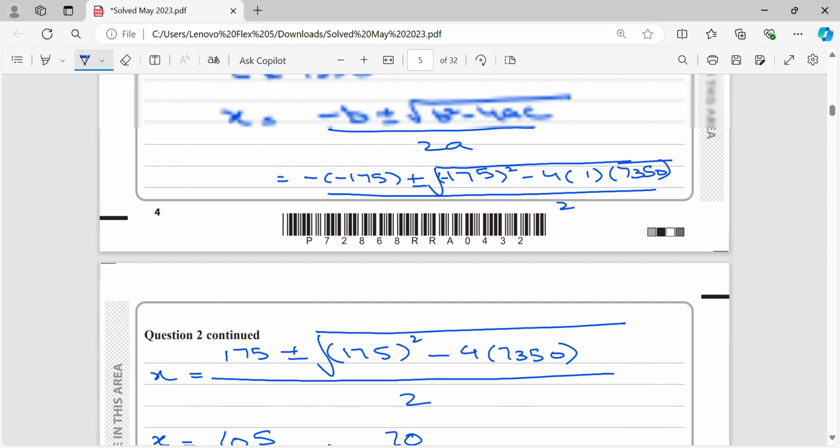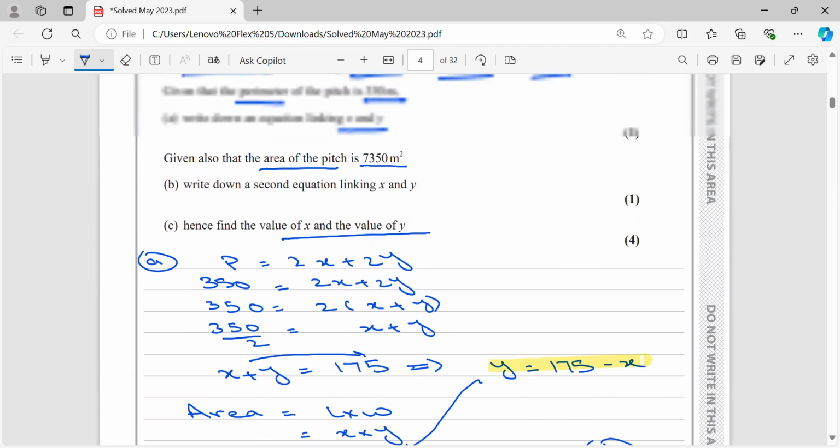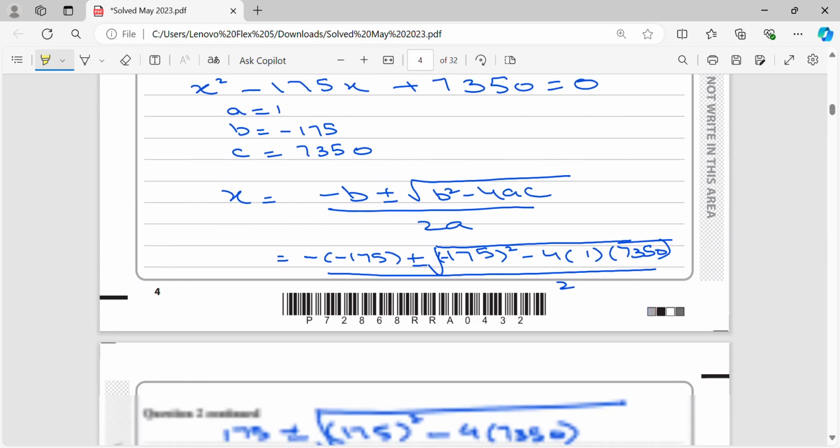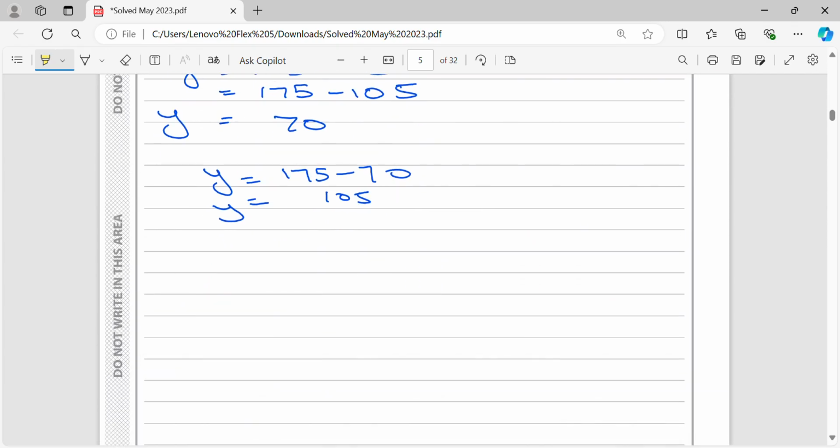And we know that in the question they said x is greater than y. So I will take the value of x which is greater than y. Let me grab a pen. x is greater than y.